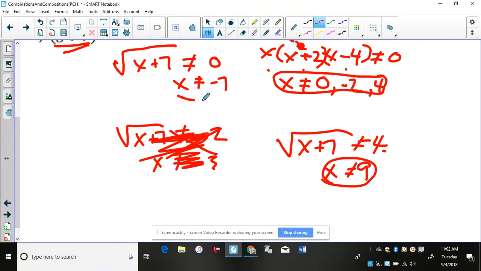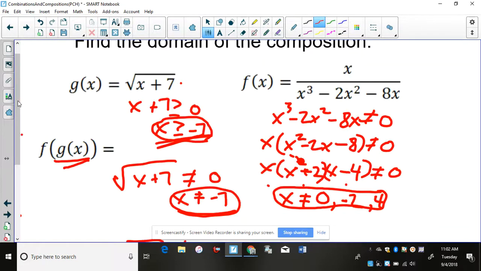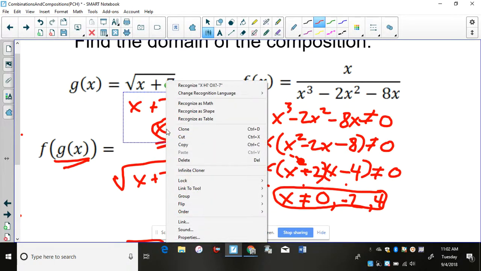So all in all, we have this value that we have to exclude because it produces 0. We have this value which we have to exclude because it produces 4, and we have the initial inequality saying the x values have to be greater than or equal to negative 7. That would be the entire domain of this function.